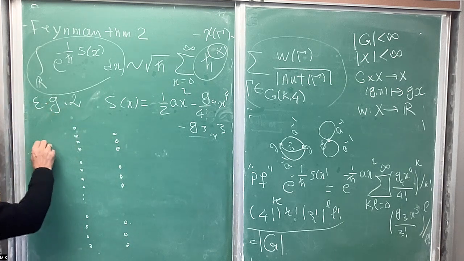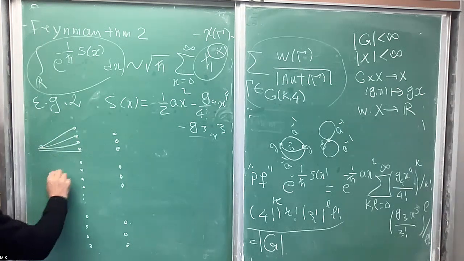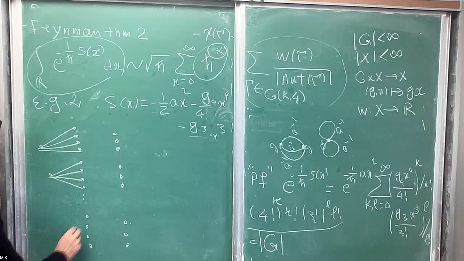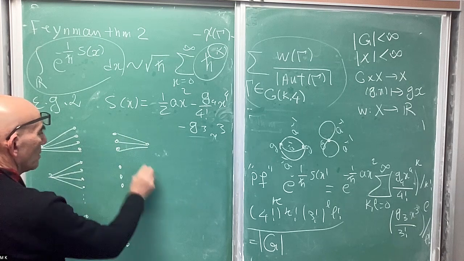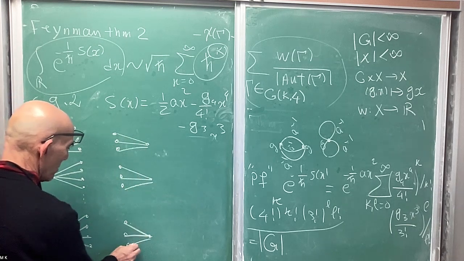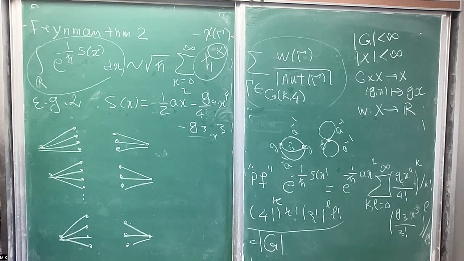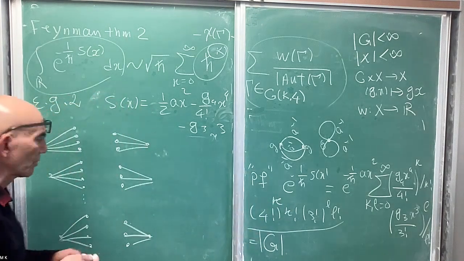Now what we do, we just create these half edges like this, and then here, and here also we do half edges. And now what we are doing, we are making all these possible pairings, just using Wick's theorem, right?